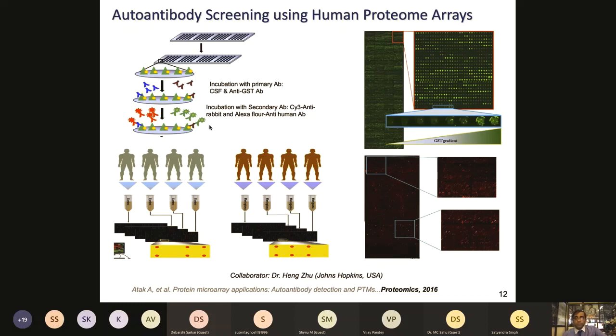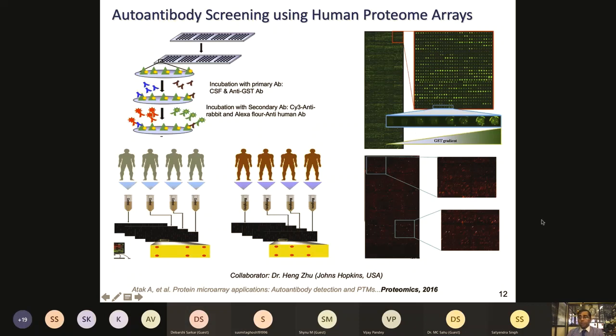Now the right panel here shows the protein expression, and these are the GST purified proteins, where one could see as a gradient that with increasing amount of protein, you can detect better signal. So these are throughout on the arrays.